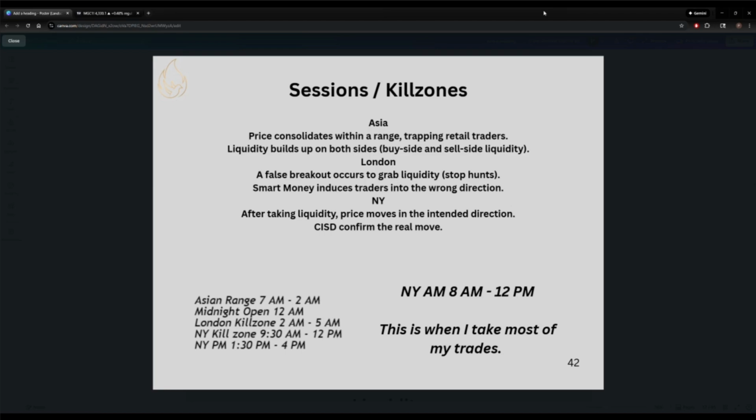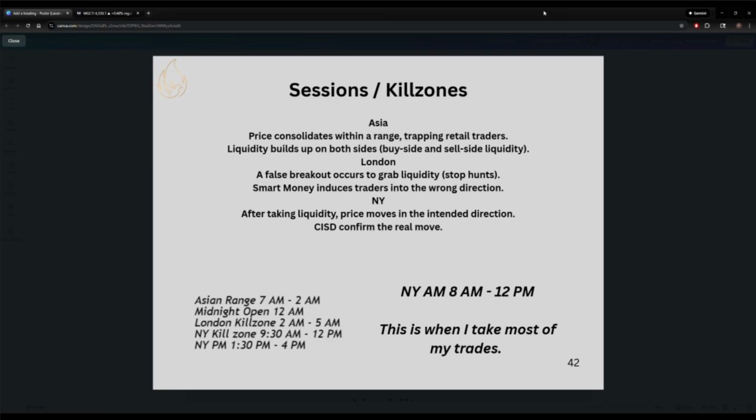New York: after taking liquidity, price moves into the intended direction. CISD confirms a real move. So usually New York will either play off the CISD that London created, or it'll create a CISD during New York to reverse.